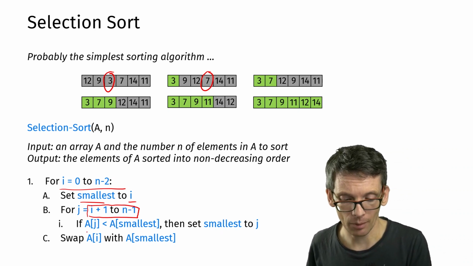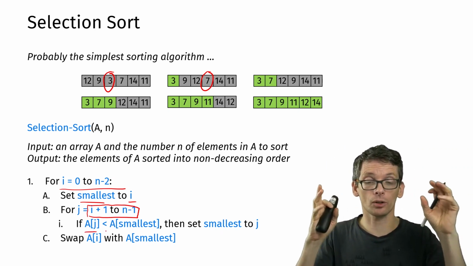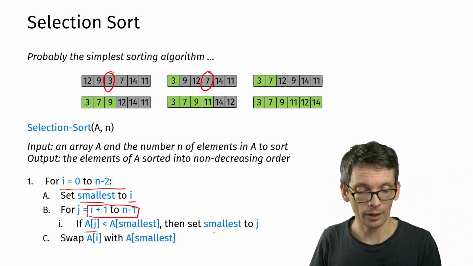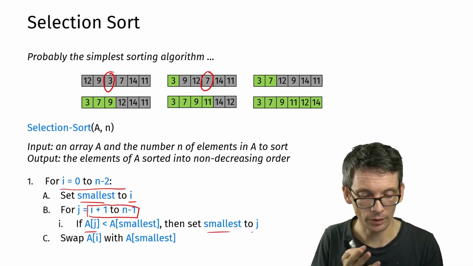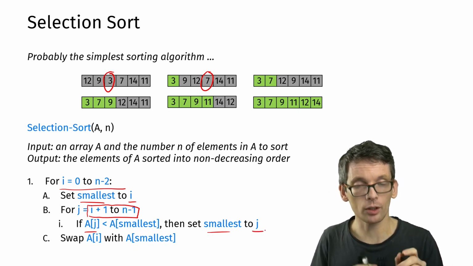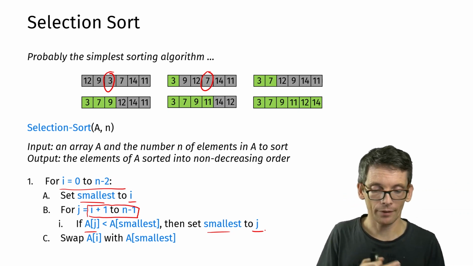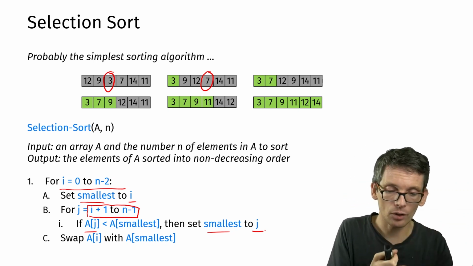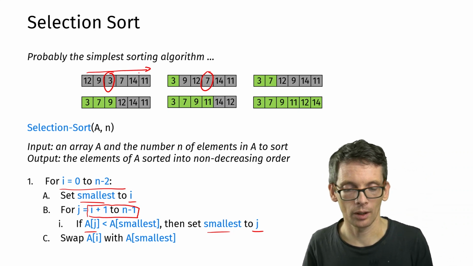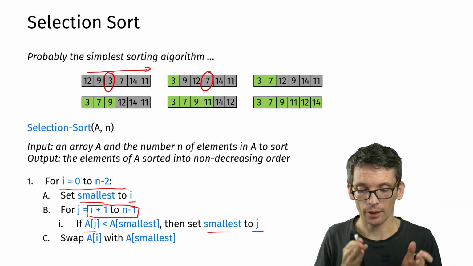And if that number is actually smaller than what I currently have stored as the smallest remaining number, then I set the variable smallest to j, so to the index of that number. And then if I've run through all of the array, I then swap a[i] with a[smallest].